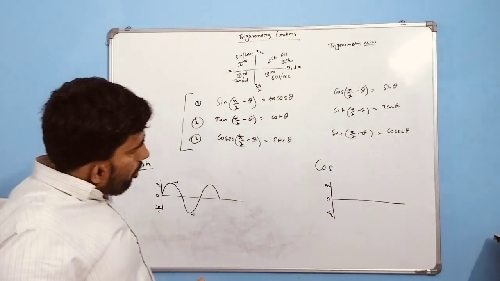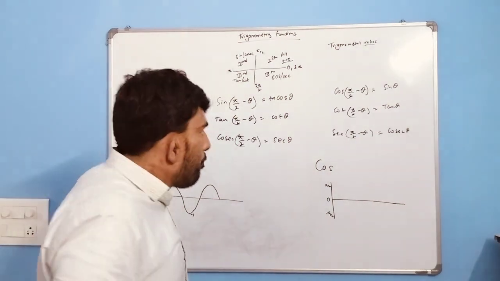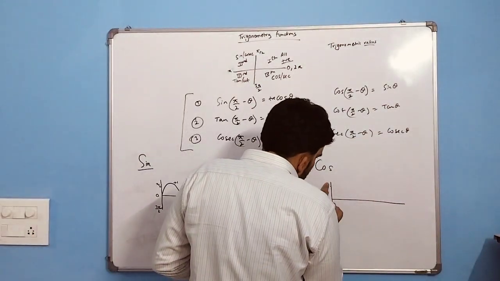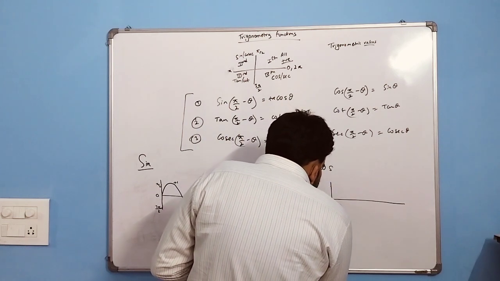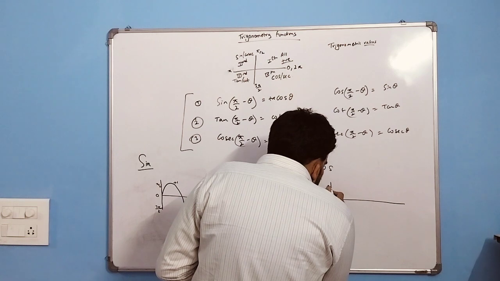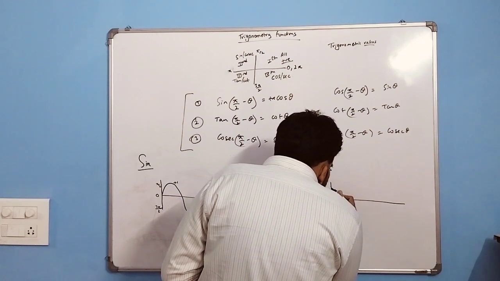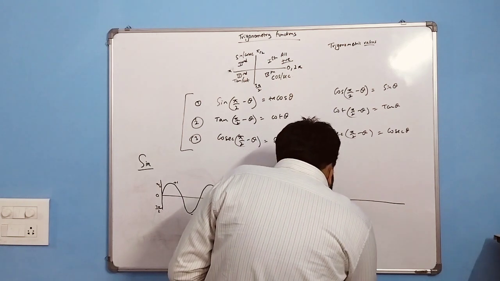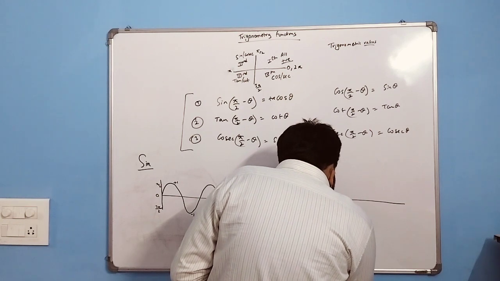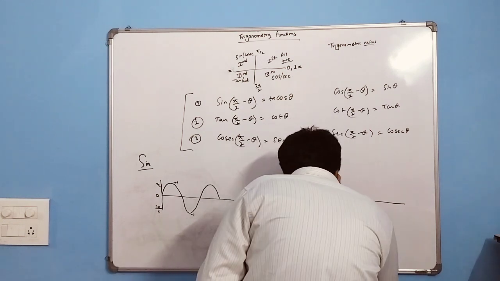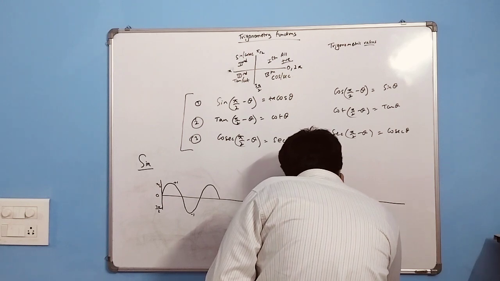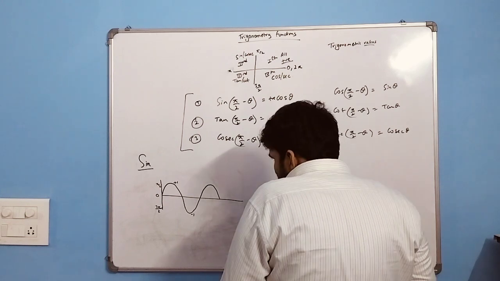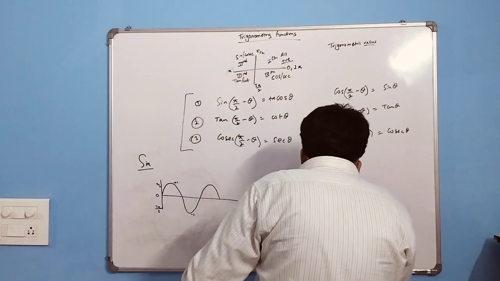for cos we now have the maximum value. Say cos 0 is 1, so its graph will not look like the sine graph. Its graph will look like this. Its 0 will be here because it has the maximum value. So we'll see from here it will move like this. No, that will not move like that, that was for the sine.